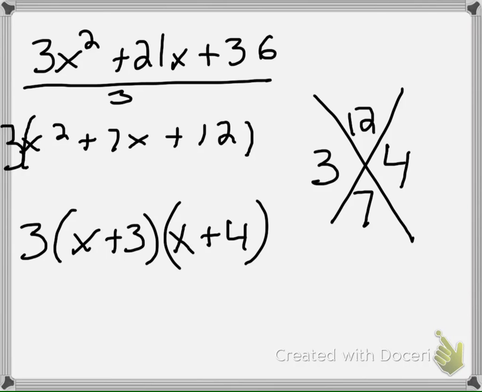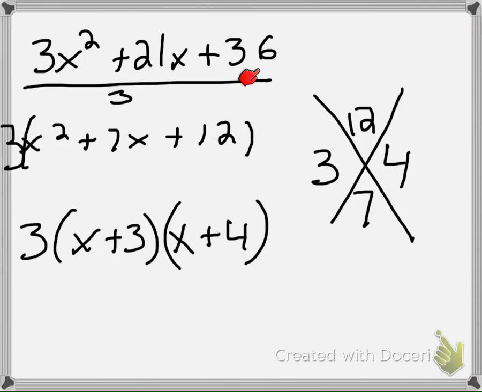Now here's our a times c, 1 times 12, and here's our b term. Looking for two numbers that multiply together to equal 12, 3 times 4, and add together that equals 7. 3 plus 4 is 7. So our answer is 3 times the quantity x plus 3, that came from here, times the quantity x plus 4.